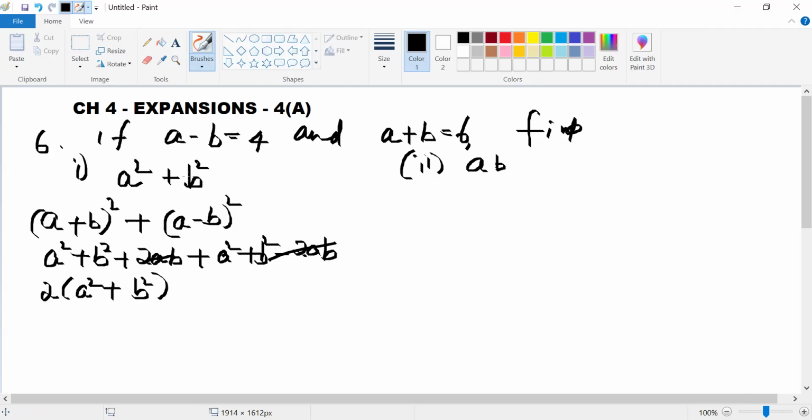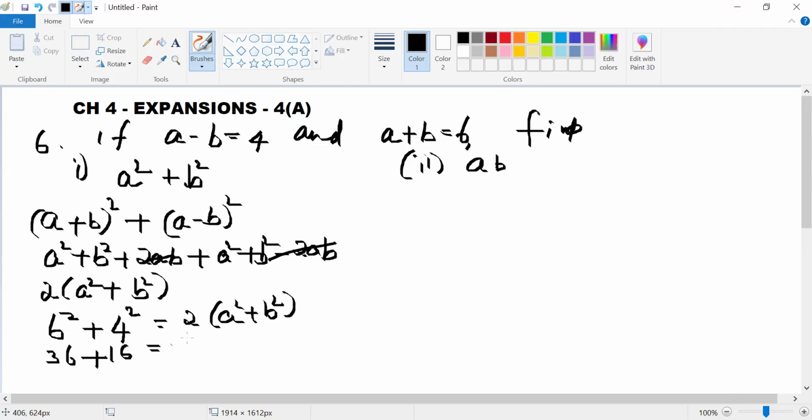So A minus B is 4 here, and A plus B is 6 here. So A plus B whole square will be 6 square. So 6 square plus 4 square is equal to 2 into A square plus B square. So here 36 plus 16 is equal to 2 into A square plus B square.